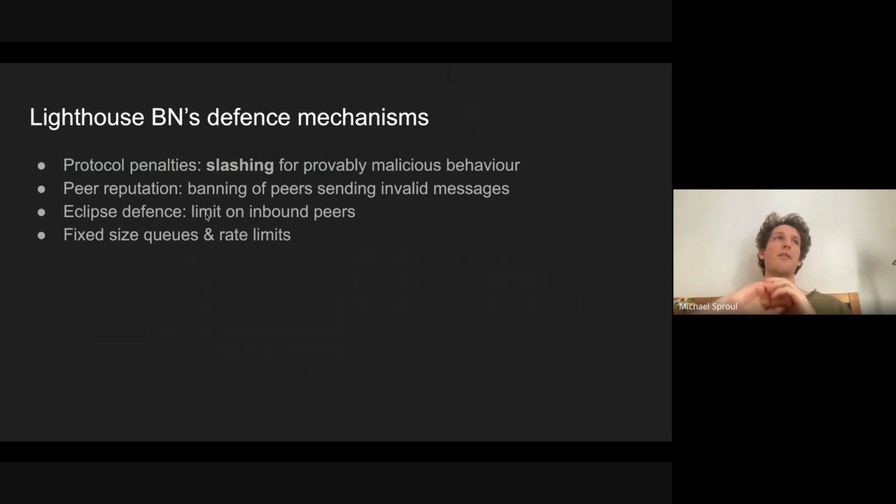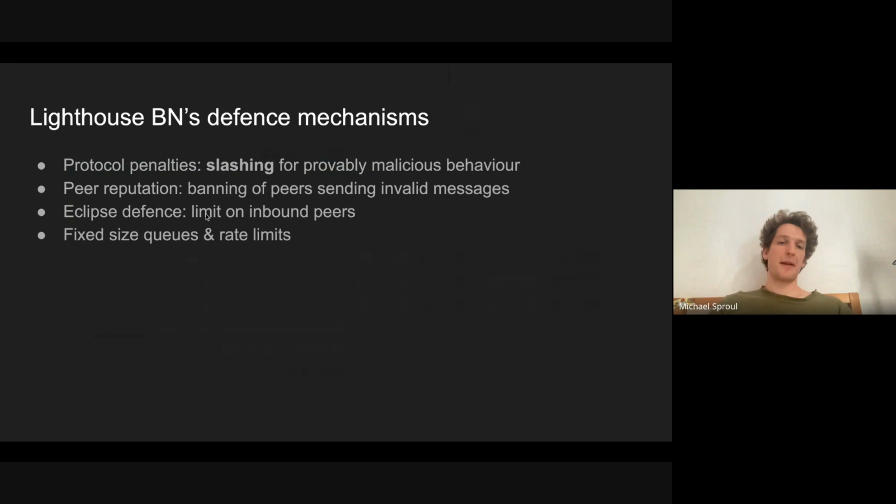So every now and then, Lighthouse will go looking for new peers, and it will ask its peers using the discovery protocol, and try to keep this diverse set of peers, so that it's not getting an echo chamber view of the network, which would be dangerous, because then you're isolated and you can be manipulated and tricked by that eclipse of peers.